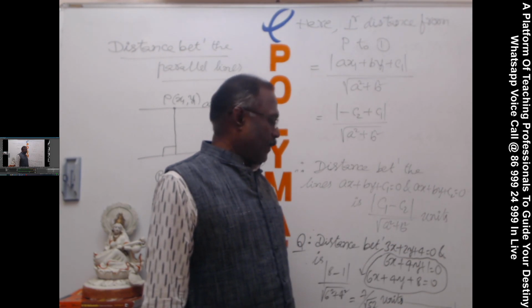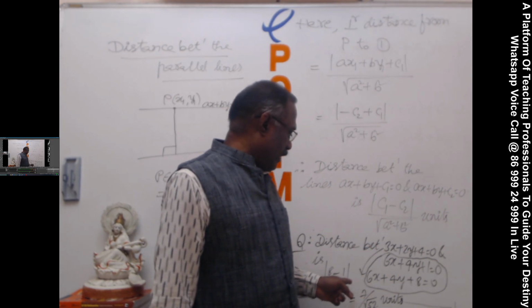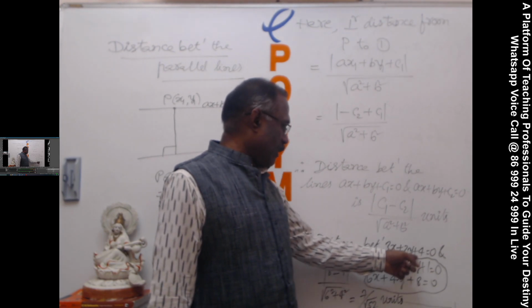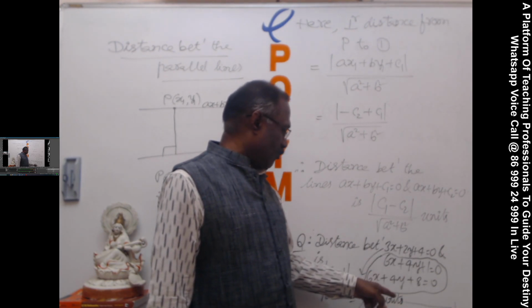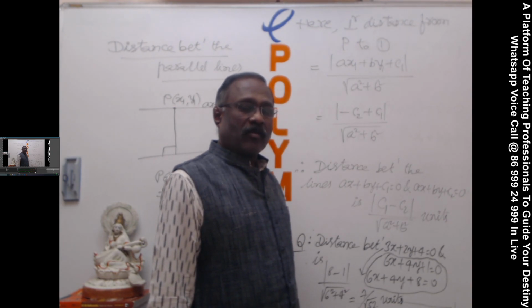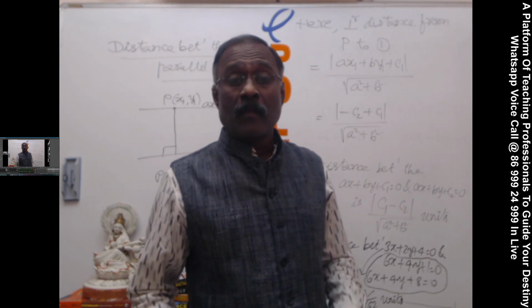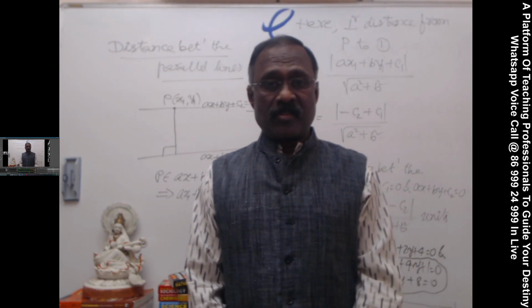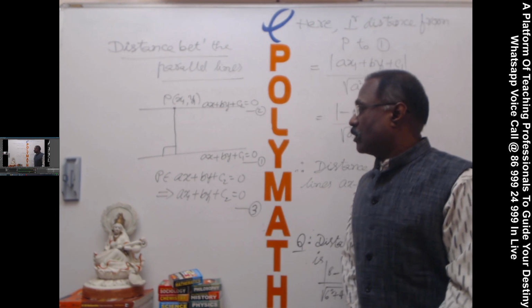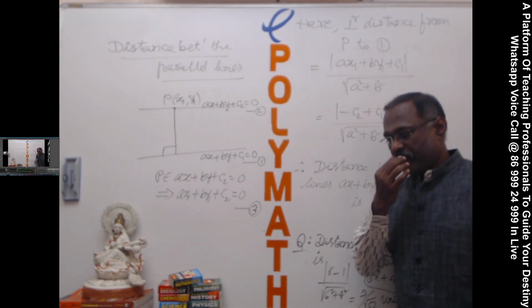So I multiplied the first one with 2 and thereby it becomes 6x plus 4y plus 8 equals 0. Now these two are equal. Now apply the formula c1 minus c2 by root over a square plus b square. Okay, this is about the parallel lines distance. Final formula: modulus of c2 minus c1 by root over a square plus b square.